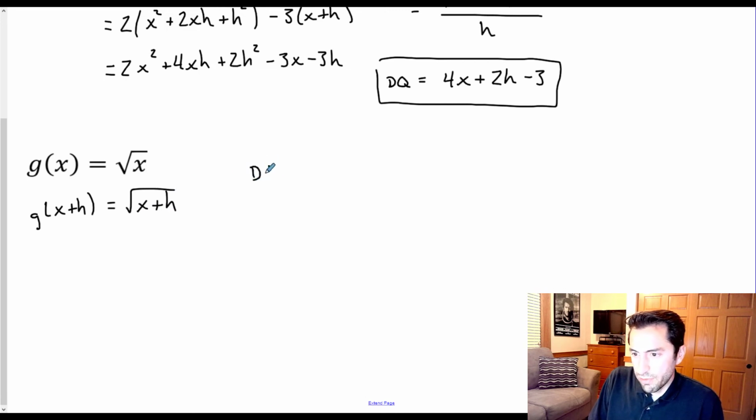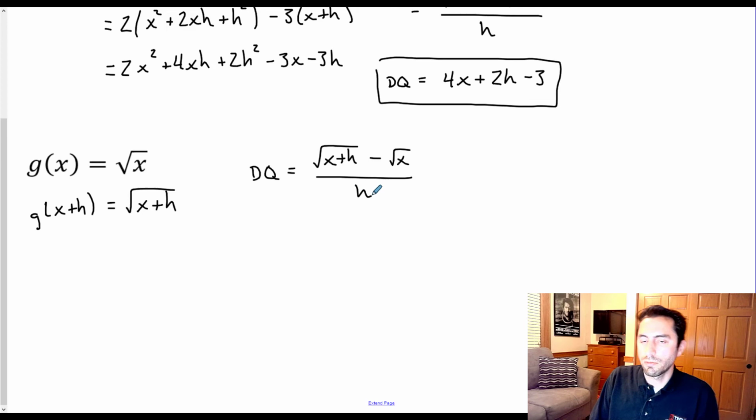And now for our difference quotient. So first we have our g of x plus h. So x plus h and the square root. And then we'll subtract our original function. And this is all over h.